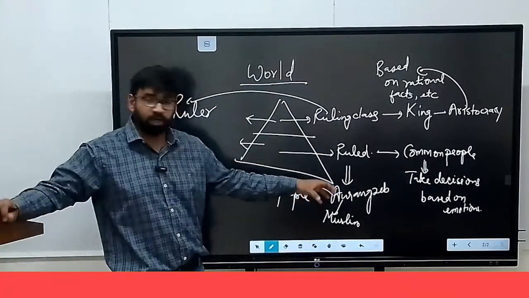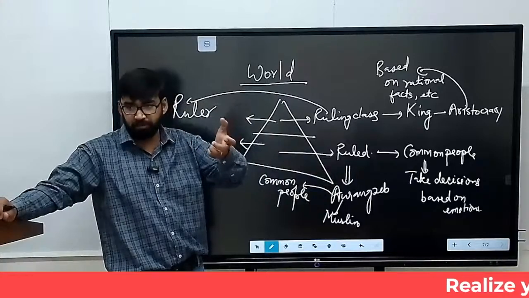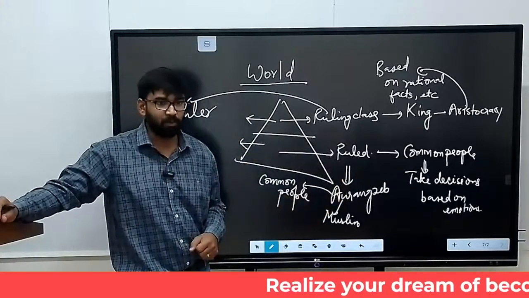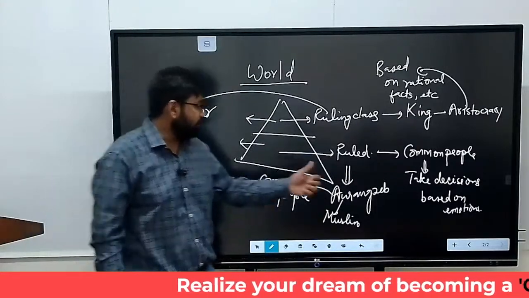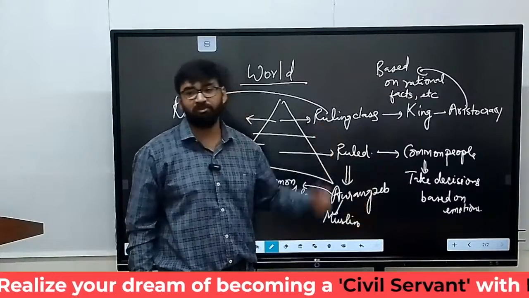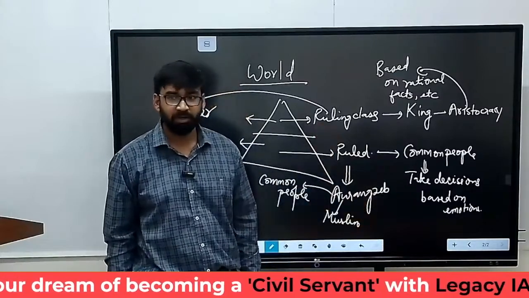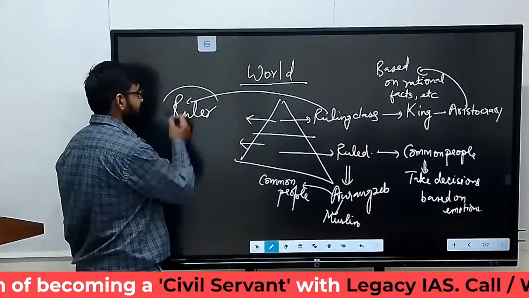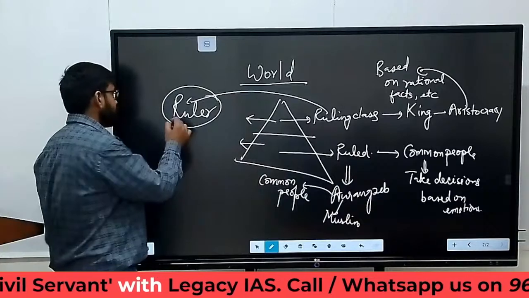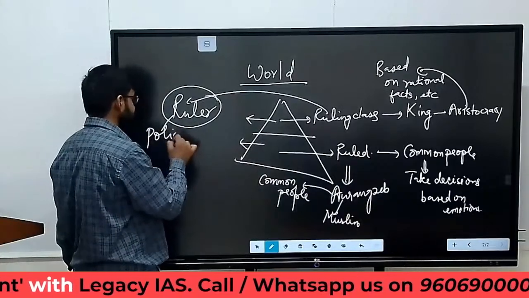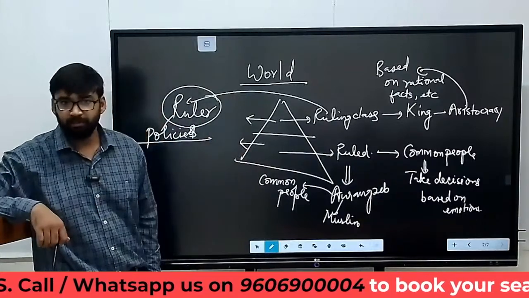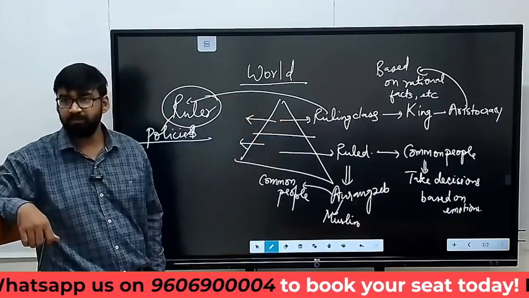If you see Aurangzeb from the perspective of Muslims, then you will miss his mistakes. And if you see Aurangzeb from the perspective of Hindus, you will miss his achievements. That is why the ruling class will see Aurangzeb from the perspective of the policies he adopted, because they are policy makers.